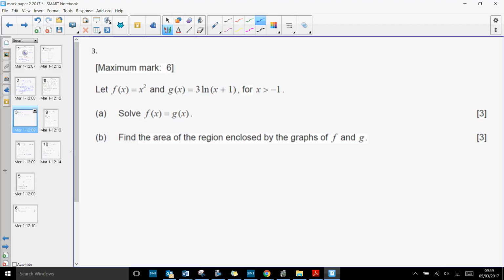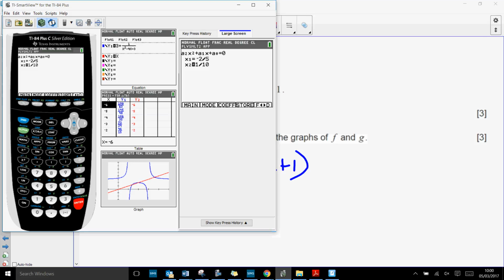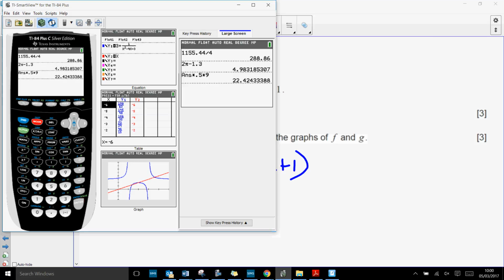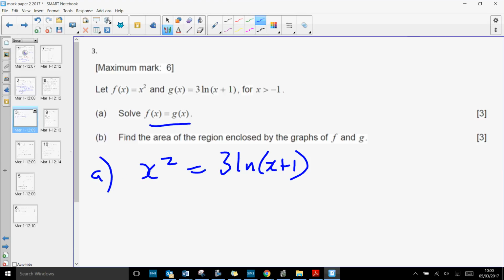For f(x) and g(x), we have to solve f(x) equals g(x). It's in the calculator paper, so we just substitute them into our graphing calculator and equate them. We'll find where they meet. So we go into y equals. Our first one is x squared.